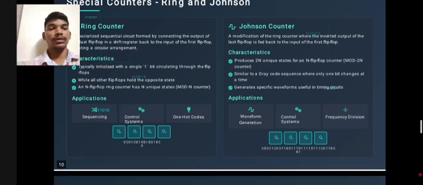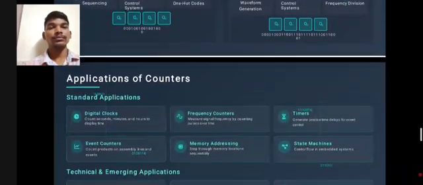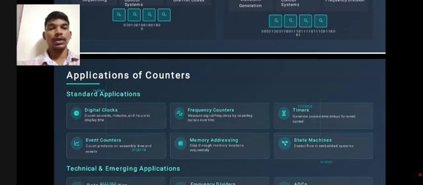Control system frequency division. Applications of counters: digital clocks count seconds, minutes and hours to display time. Frequency counters measure signal frequency by counting pulses over time.